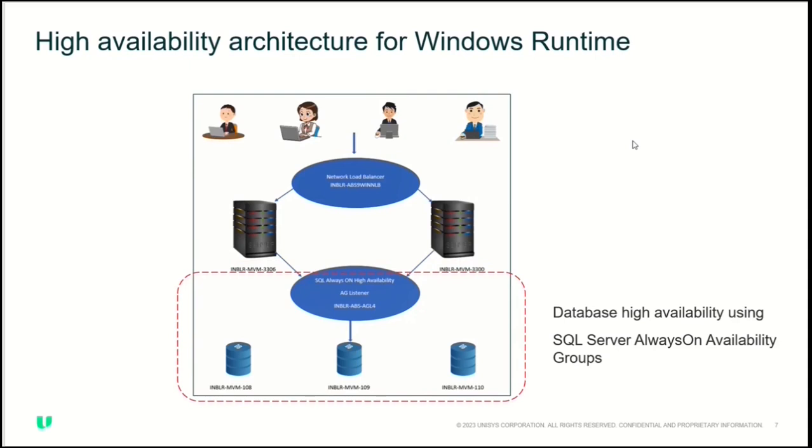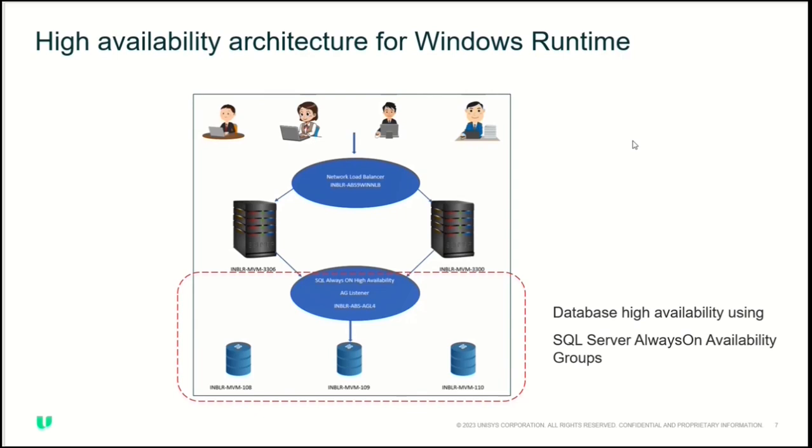Let's now look at another cluster created for SQL Always On. For database high availability, we have used Always On Availability Group, which is a new high availability and a disaster recovery feature in SQL Server that combines the best of failover clustering and database mirroring.